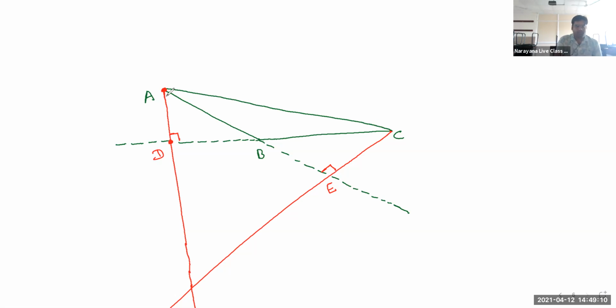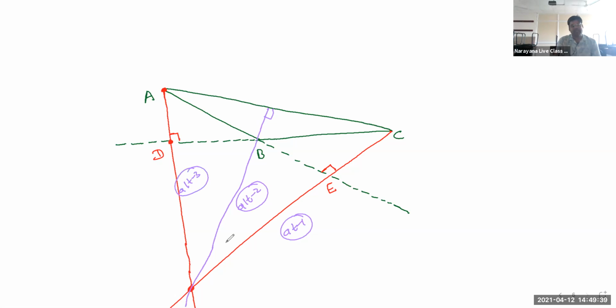So the first altitude and second altitude intersect at this point. So it is clear that the third altitude will always pass through this point. Then if you draw an altitude from B to AC, this will be the third altitude. So this is altitude 1, this is altitude 2, and this is altitude 3.